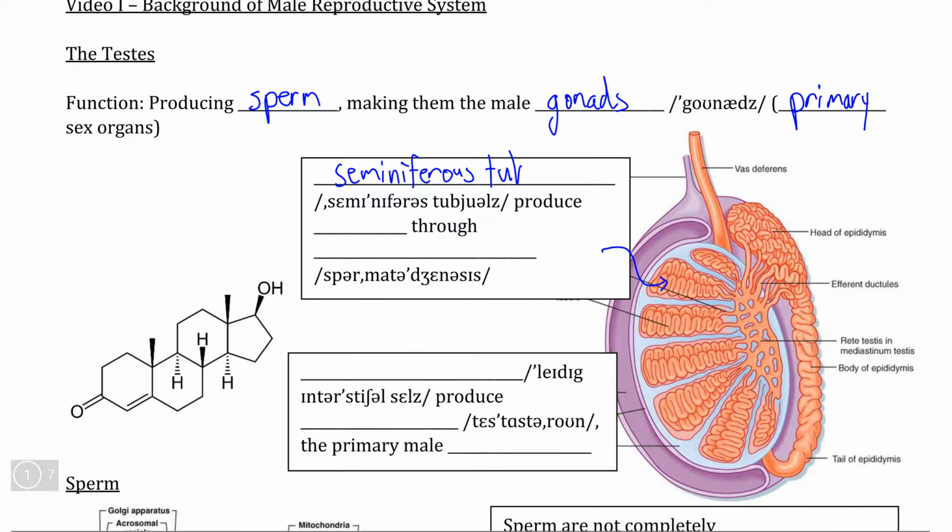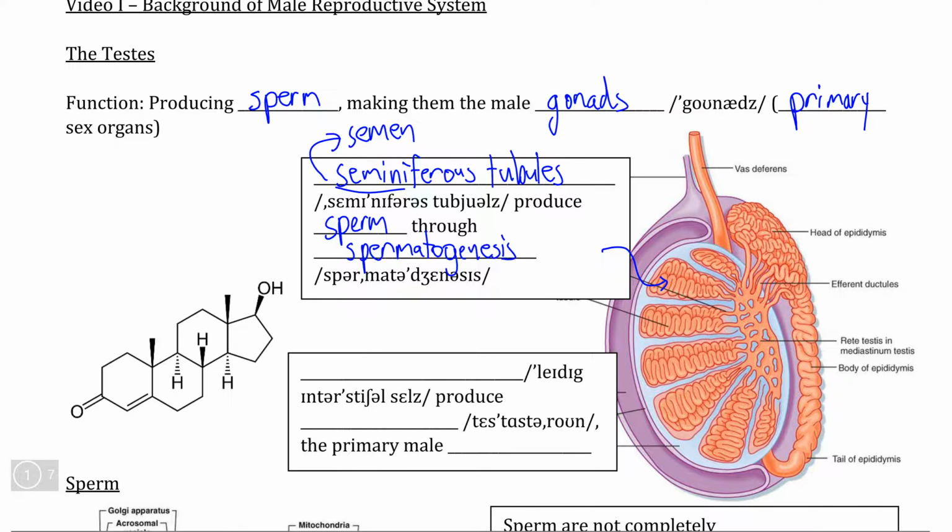Now, if we look at the first word, we can see the root of seminiferous is actually the word semen, referring to the fluid that males ejaculate out that contains sperm, and therefore we can conclude that seminiferous tubules must be involved in the production of sperm. The process of producing sperm that occurs in the seminiferous tubules is what we call spermatogenesis.